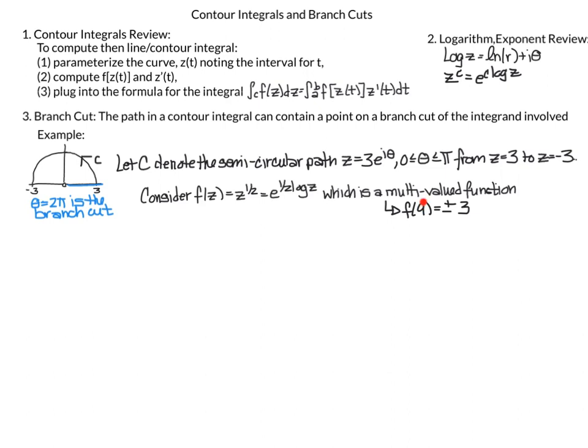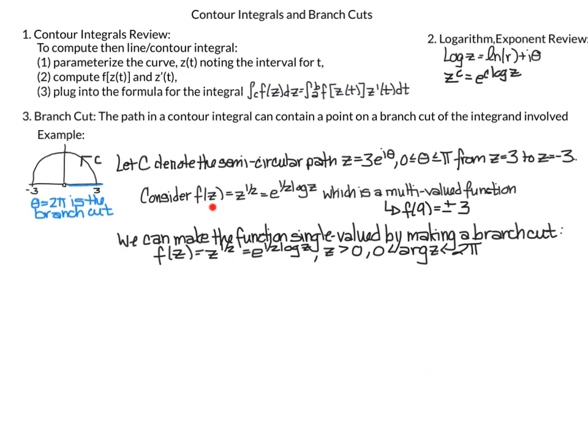For example, if you plug in 9, you can see we get two values, plus and minus 3. We can make our function f of z single-valued by limiting what values we have for our z. In particular, we can say the modulus of z is greater than 0, and that will still give us a possibility of a multi-valued function.